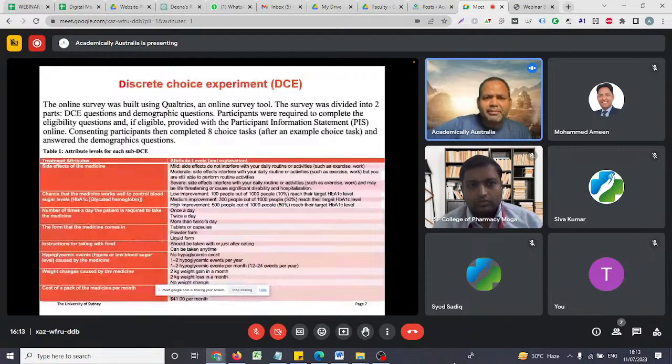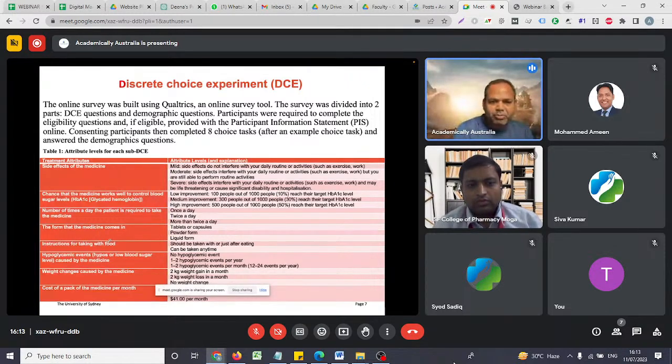For the discrete choice experiment, we use Qualtrics or another online survey, or you can use whatever you want. Qualtrics is a paid survey, but you can use Google Forms as well, free of cost. These are the factors we chose, the factors we were analyzing.